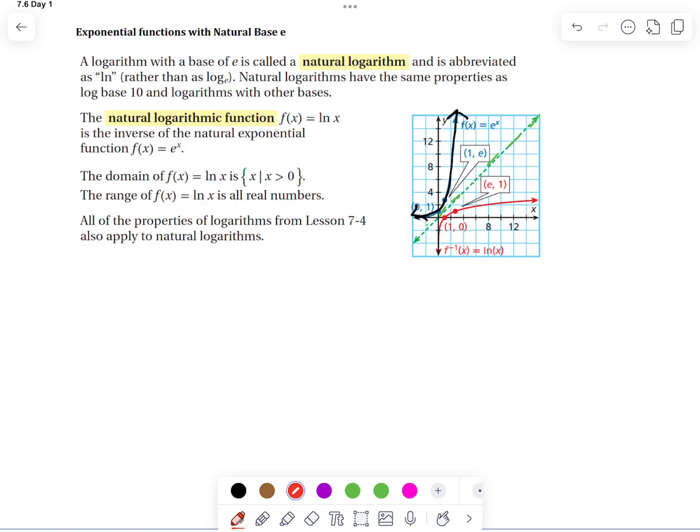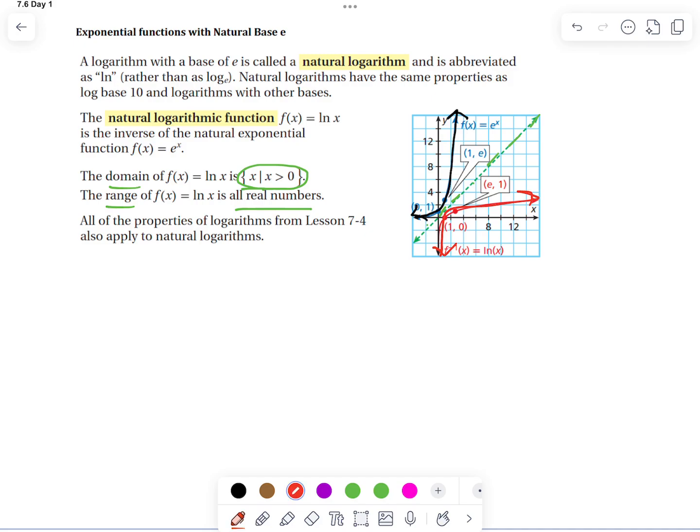And what we get is a logarithm that looks like that, graphed out. Notice its domain is x greater than 0, it cannot be a negative number. And now the range is all real numbers.